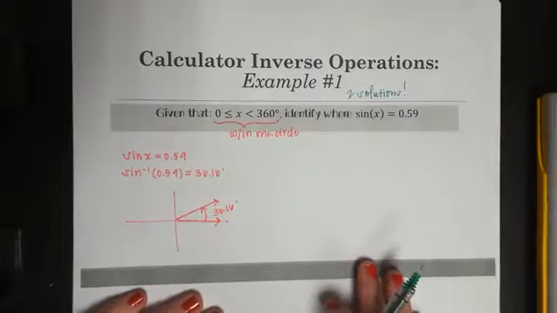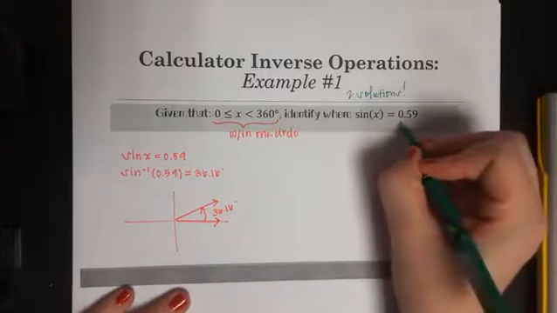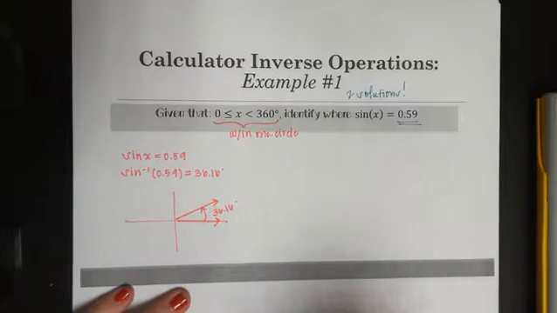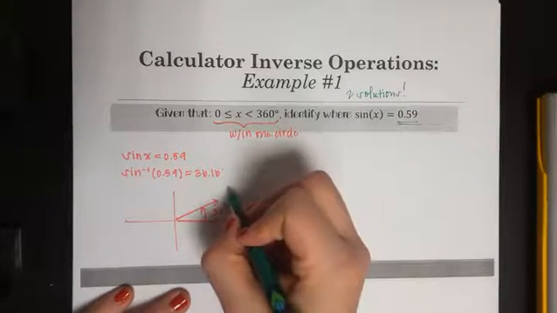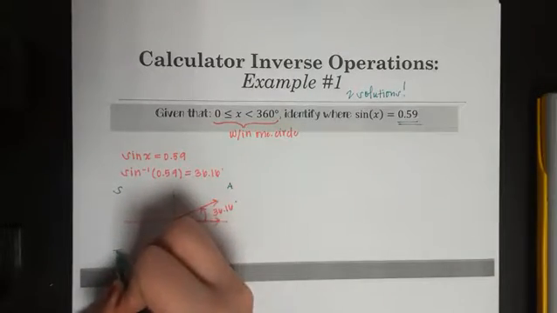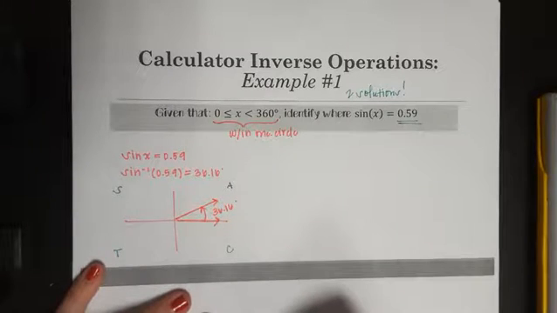So in order to figure out where that other angle is, I just need to think about where my trigonometric functions are going to be positive or negative. Here, my sine is positive, so I need to find the other places where sine's going to be positive. Here, all are positive. Here, sine's positive. Here's where tangent's positive, and here's where cosine's positive.